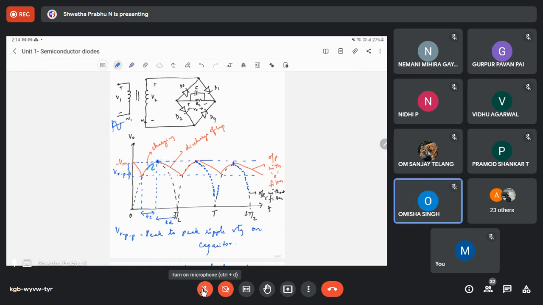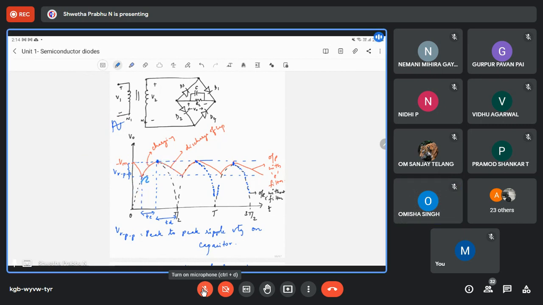So what you do is you compare the black waveform along with this red waveform. As soon as the diode starts conducting, the capacitor charges to peak value Vm. As soon as the secondary voltage falls below Vm, the capacitor starts discharging. Did you understand? This is for the positive half cycle.